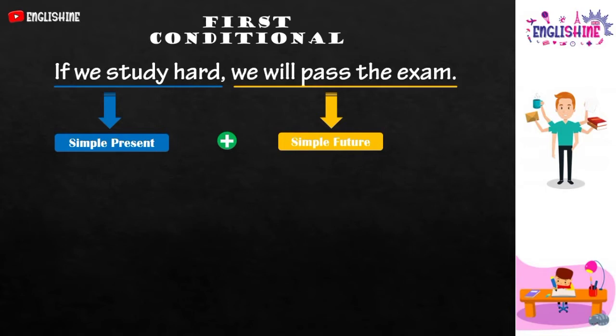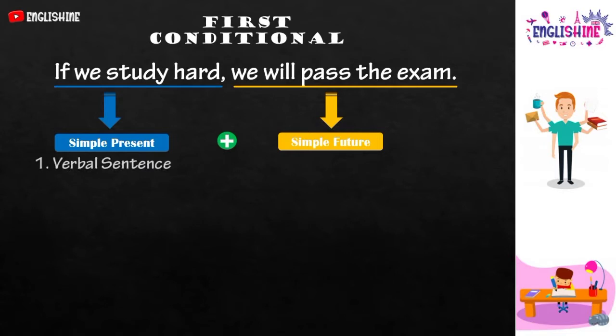And simple future is a form of the verb that refers to an action or event that has not yet begun. It is also used to make a prediction or to show ability, intention, or determination.